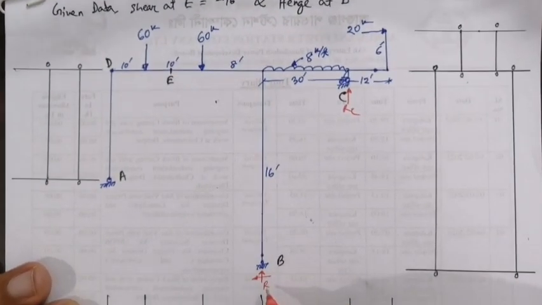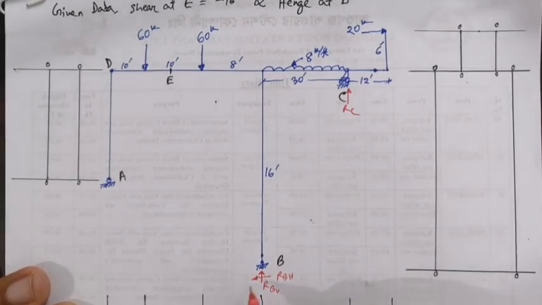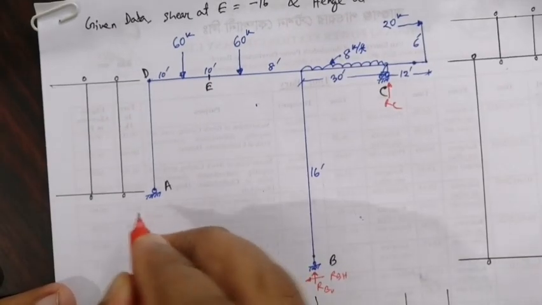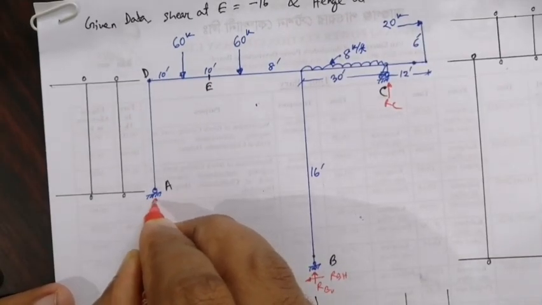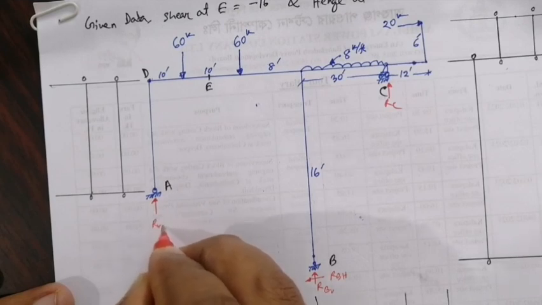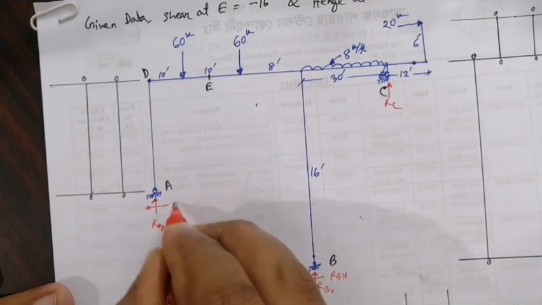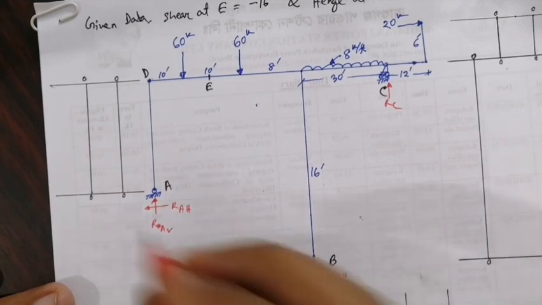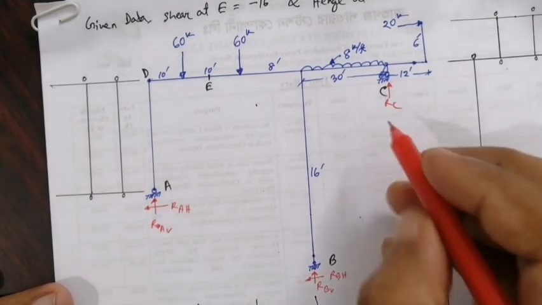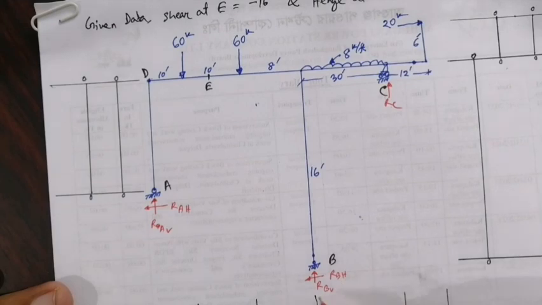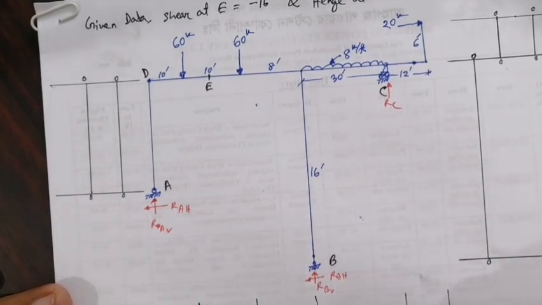Here there are RB vertical and RB horizontal, two types of reaction, and this also has two types of reaction, RA vertical and RA horizontal. So the total unknown reactions are 1, 2, 3, 4, 5, more than 3. So this is actually statically indeterminate.